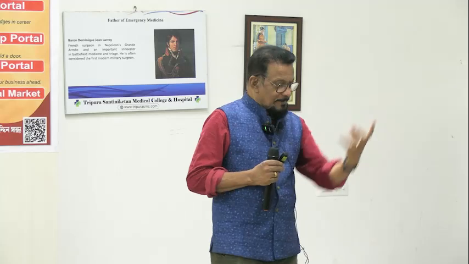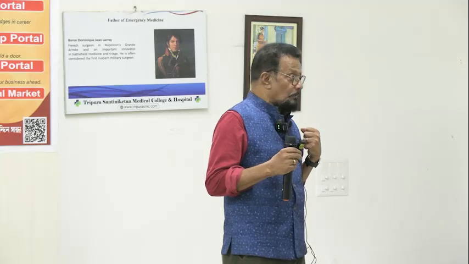So, if parietal cells are destroyed by any means, then what will happen? I will not produce sufficient hydrochloric acid and sufficient intrinsic factor. Because of lack of intrinsic factor, there will be no absorption of vitamin B12. Since vitamin B12 is not absorbed properly, blood levels of vitamin B12 will fall.